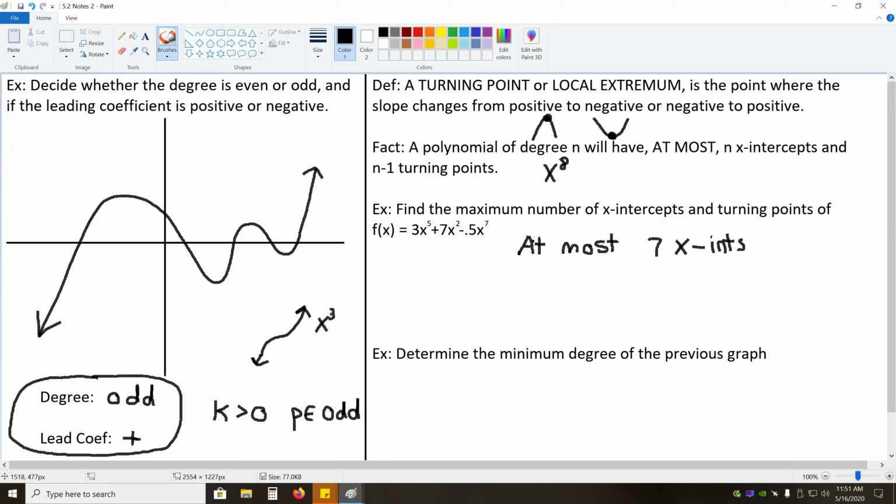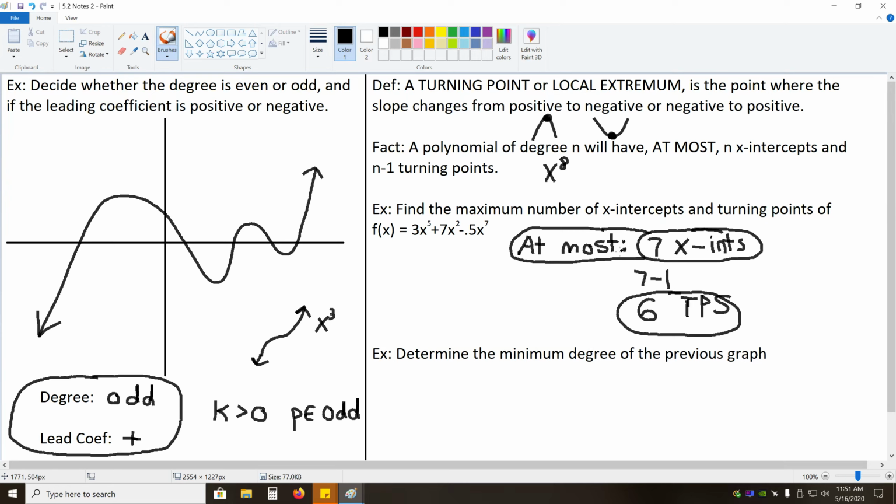That's the largest exponent we're dealing with. And then from there, we have at most 7 minus 1 or 6 turning points because we subtract 1 from the degree.